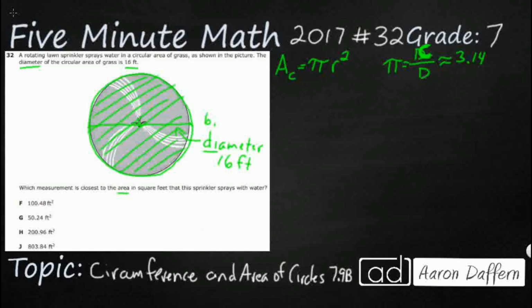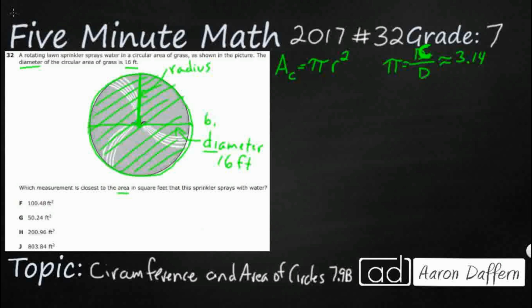What we need is the radius. And the radius of any circle goes from the center and it goes out to the side. And so this right here is our radius. But you can probably see the relationship between the two pretty simply.